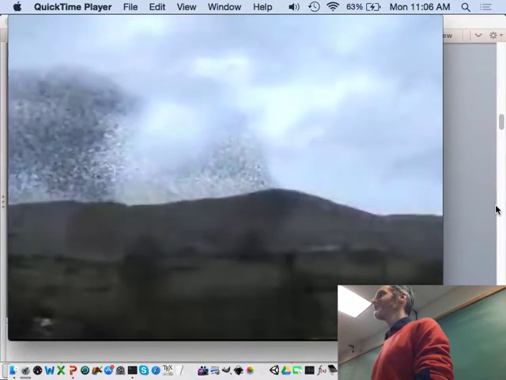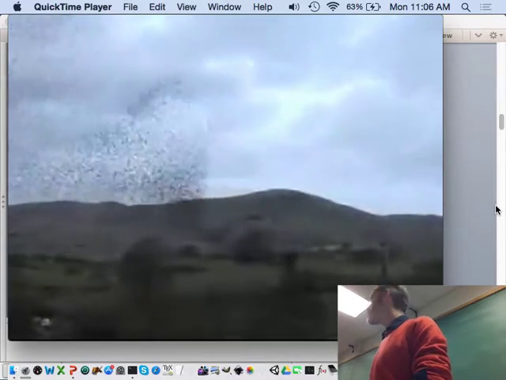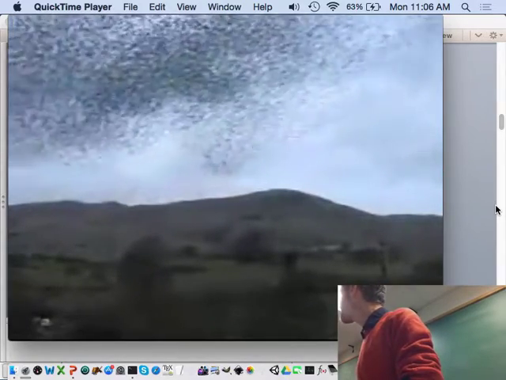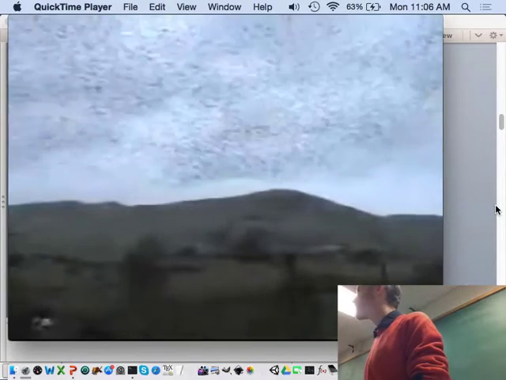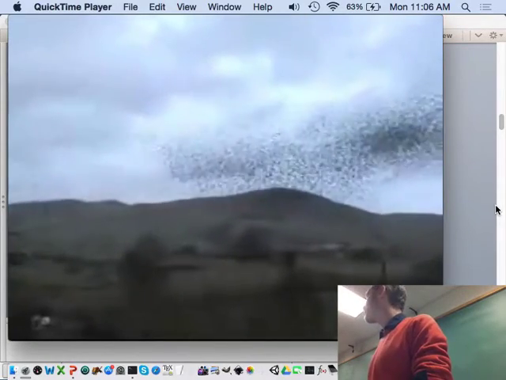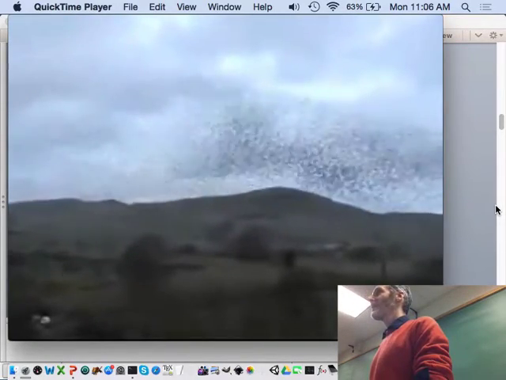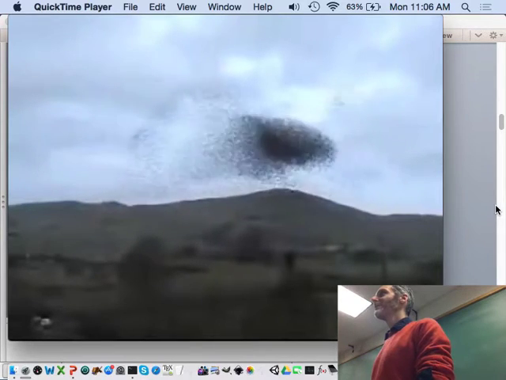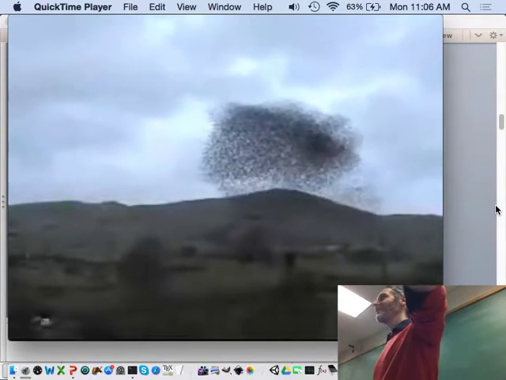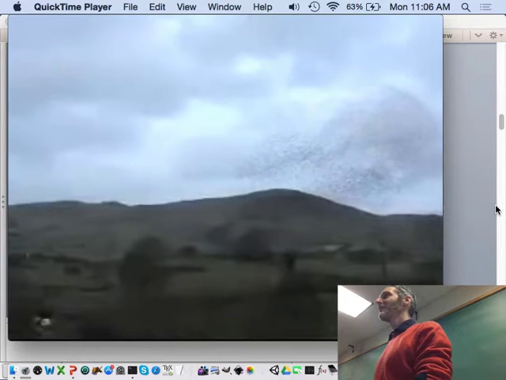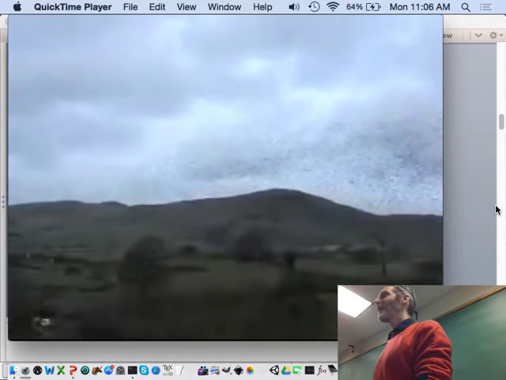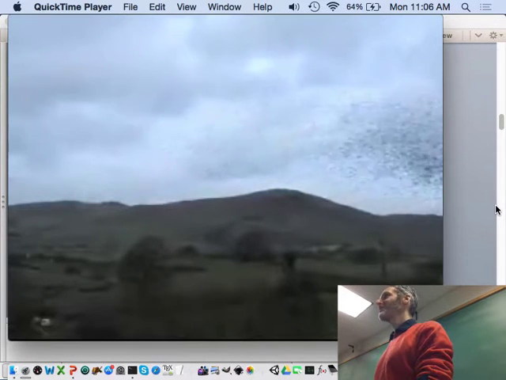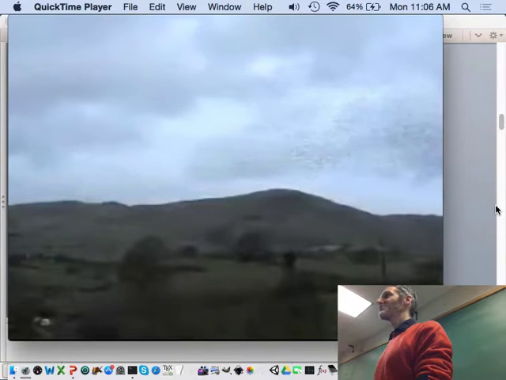Any ornithologists? These are starlings in the UK, which can produce spectacular flocks of up to tens of thousands of birds. Which bird is in charge here? Which bird is saying, now head this way, now head that way? So how do they pull this off? If there's no one leader, how does this work?